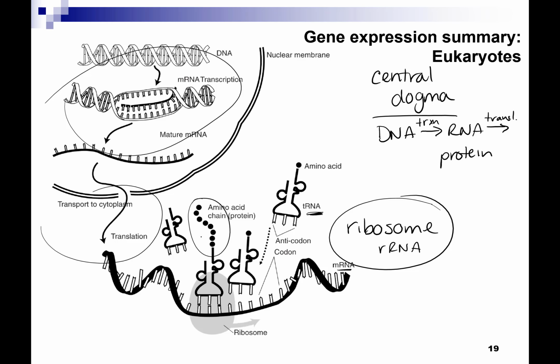You're making proteins out here, versus transcription, where you're making RNA. You've got a lot of base pairing going on in both cases. So think about the similarities and differences between transcription and translation.